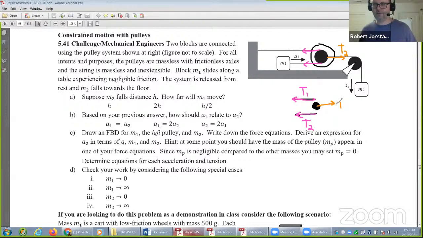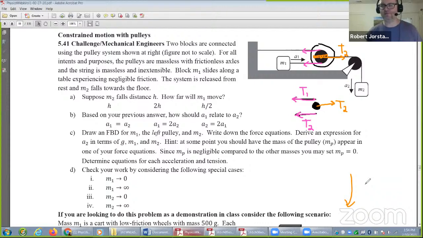Now remember, T2 is actually attached to the axle of the pulley, but essentially the pulley and its axle. Maybe this would be better if you could see that there's an axle here that it's pulling on, okay? And if you want, you could look at the picture down below, and that shows you what it might actually look like with physical objects.